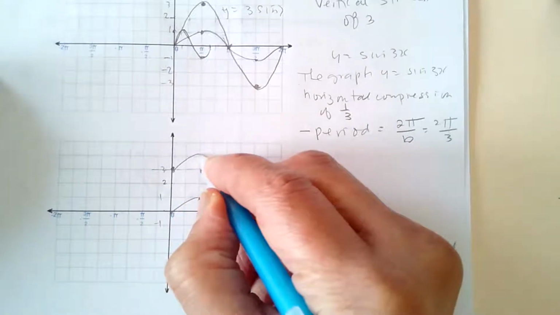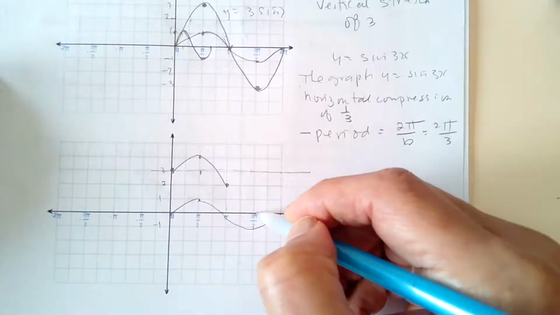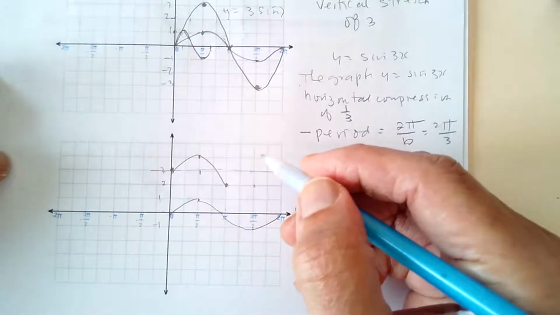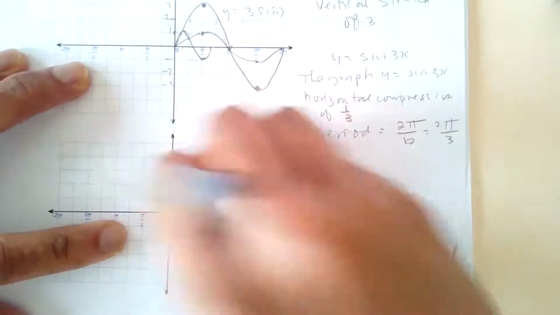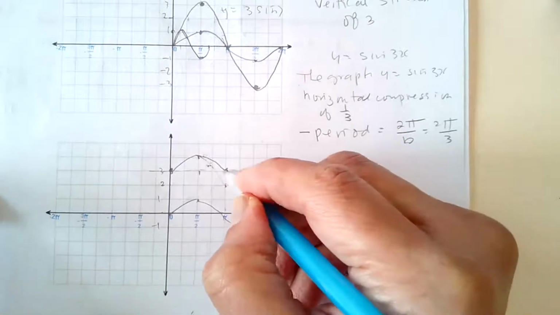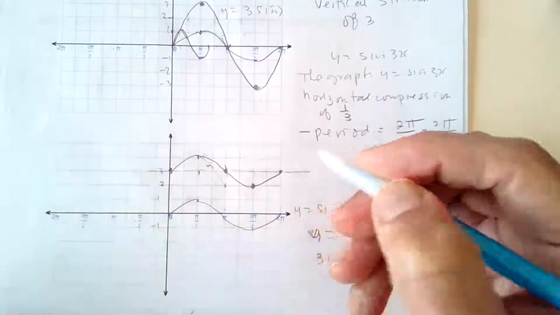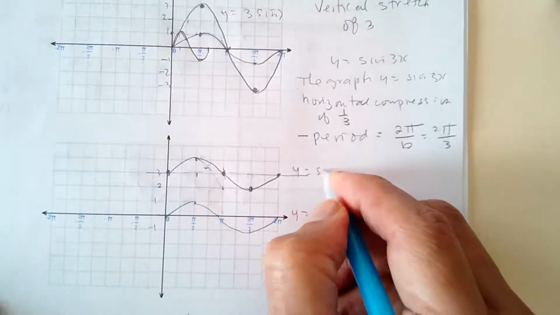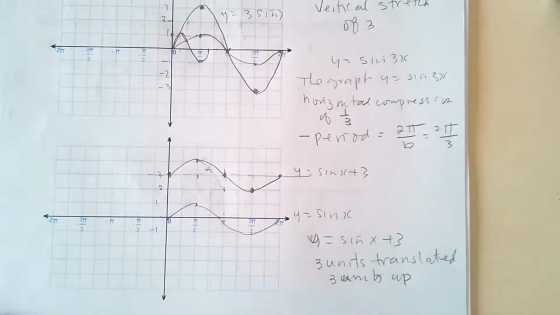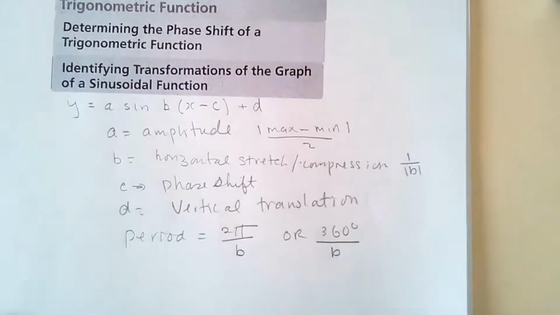Okay, so we go up, down. Oops, now look at this. Doesn't look right. This should be here. So this is y is equal to sine x plus 3. So essentially we're using this fact here to help us along on the period.